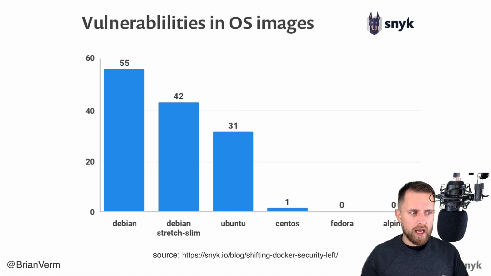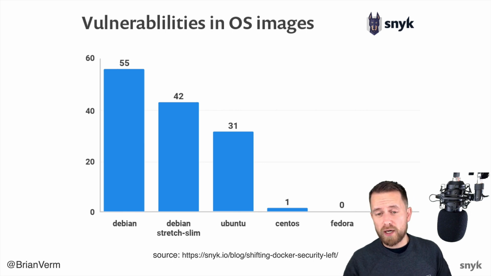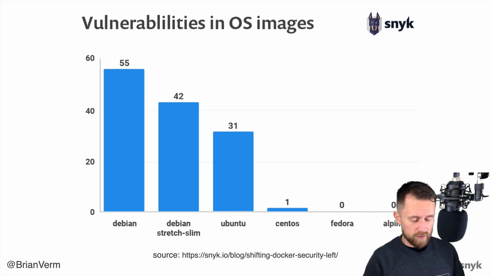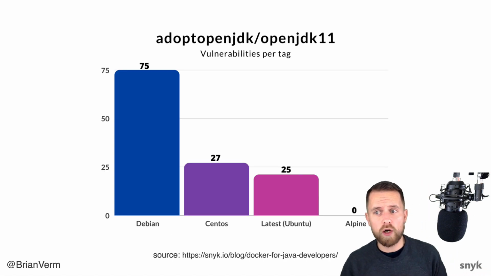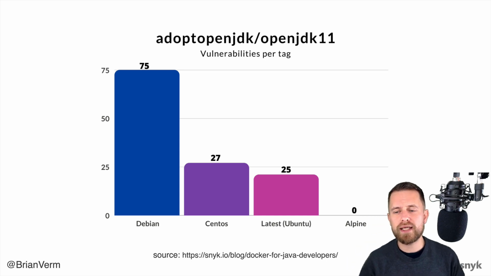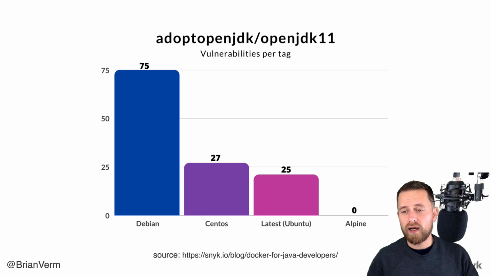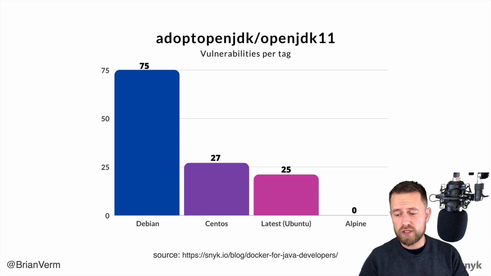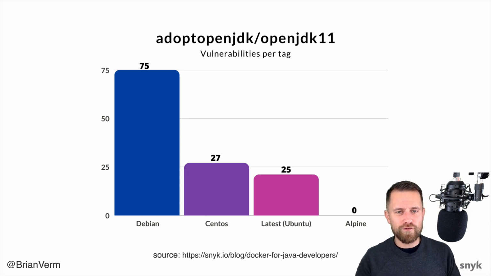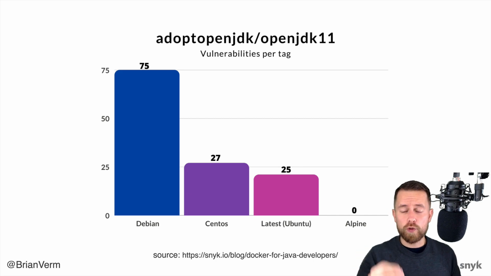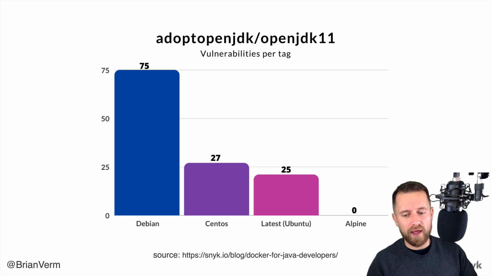If we look closer at a bunch of Java images, for instance, from our friends at Adopt OpenJDK, and I take the Adopt OpenJDK 11 images, you see there are again differences between the Debian one and the Alpine one. By default, Adopt OpenJDK ships its latest image, without any further tags, as an Ubuntu-based image, and that's already quite significantly lower than the Debian one.